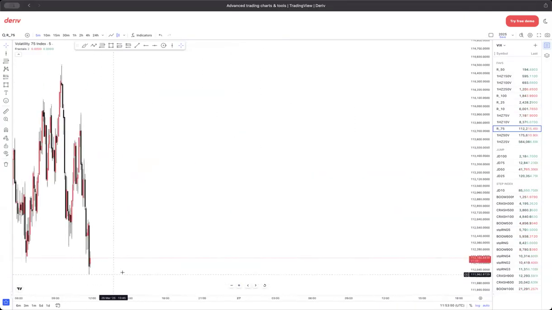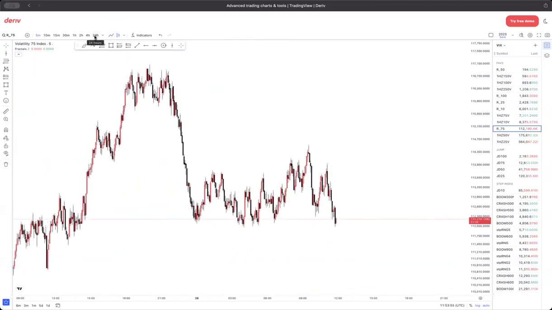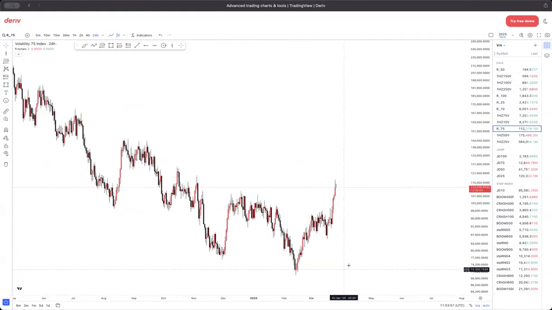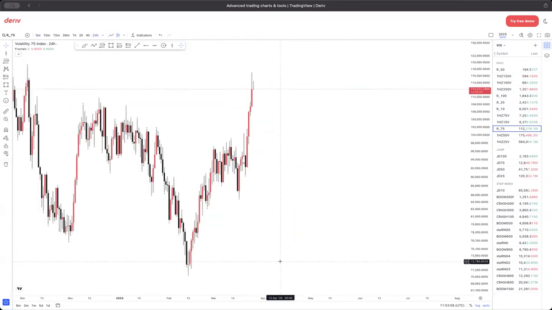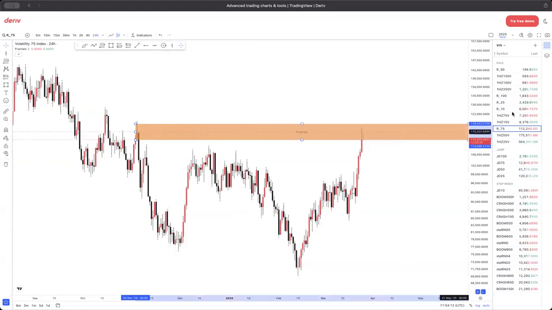Now, V75 top-down analysis, the same thing again. Let's see what V75 is doing. I said you want to know where price is coming from and where price is heading to. Now, if we check V75, we have this POI here. Perfect POI. Sweep of liquidity, structural liquidity, everything intact.